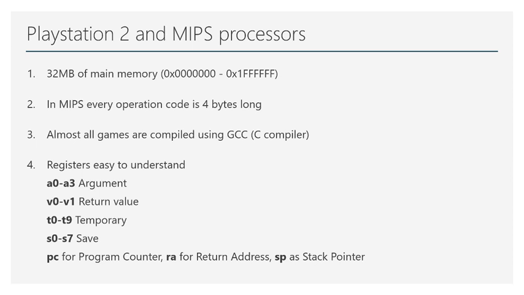So basically, every time a function inside a PlayStation 2 game wants to perform some kind of operation, it will use the temporary registers. But when the temporary registers are too heavily used, the function will store the temporary registers to S0 to S7 to free up some space, basically.